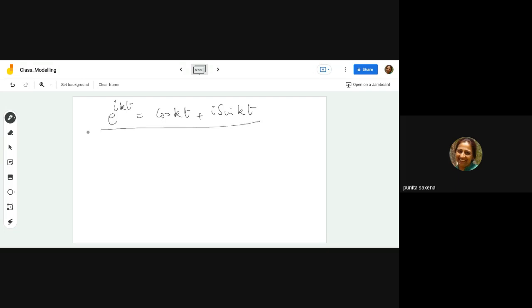Similarly, you can write e to the power minus ikt as cos kt minus iota sine kt. Now, using both these equations, can we not find cos kt and sine kt, both of them in terms of e to the power ikt and e to the power minus ikt?